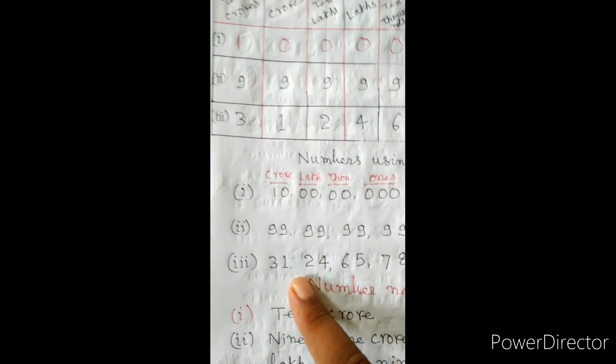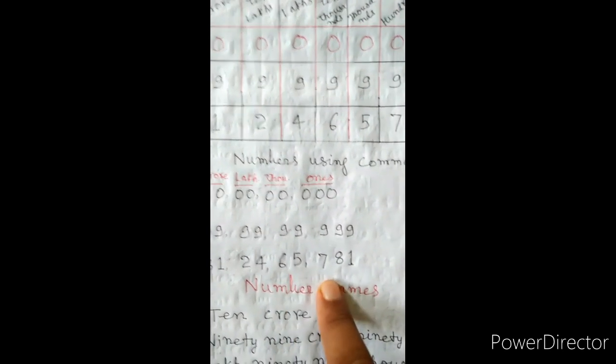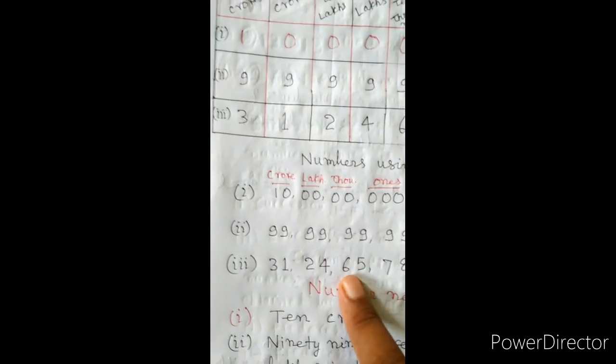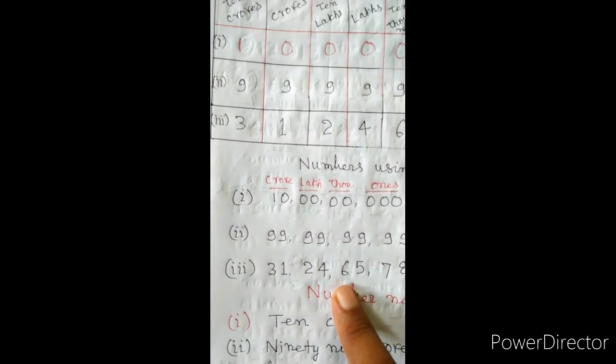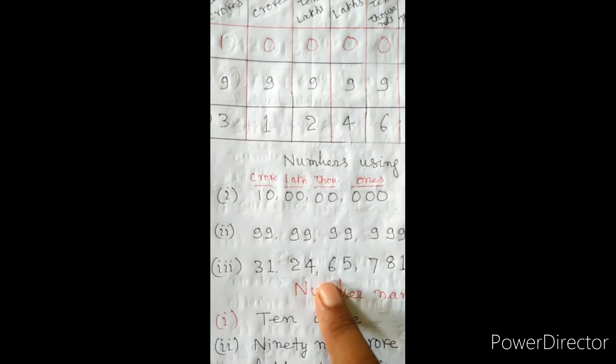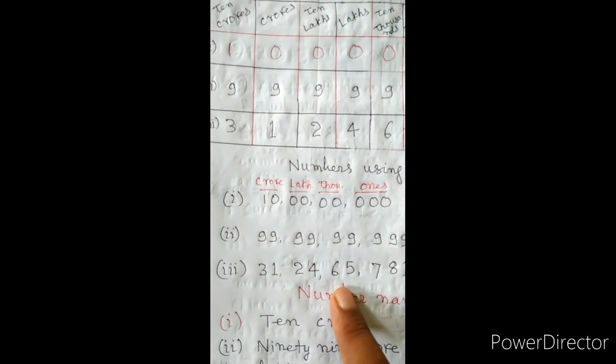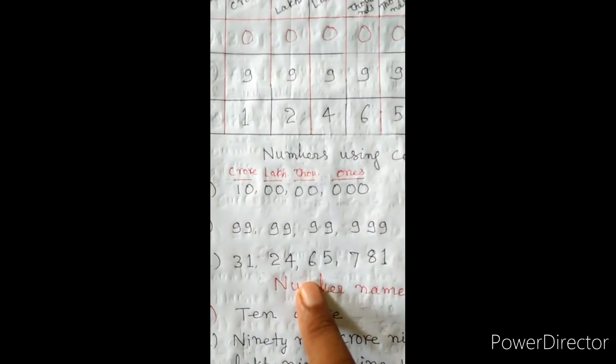Next example is 31 crore 24 lakh 65,781. These numbers are having commas. Digits are separated by commas.